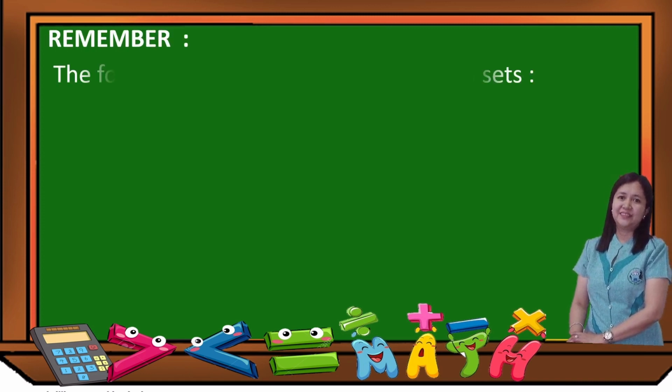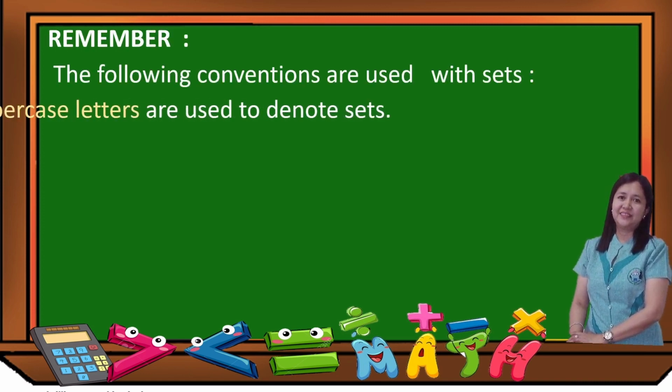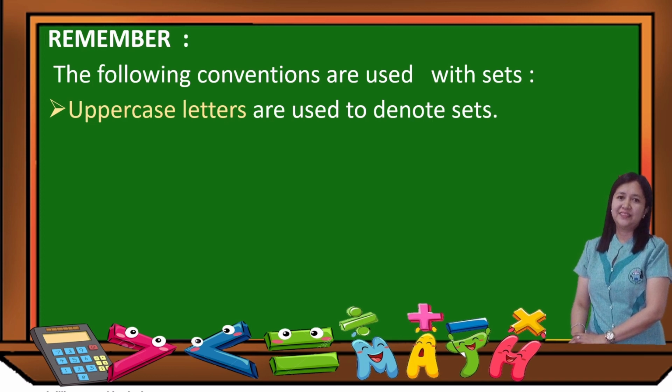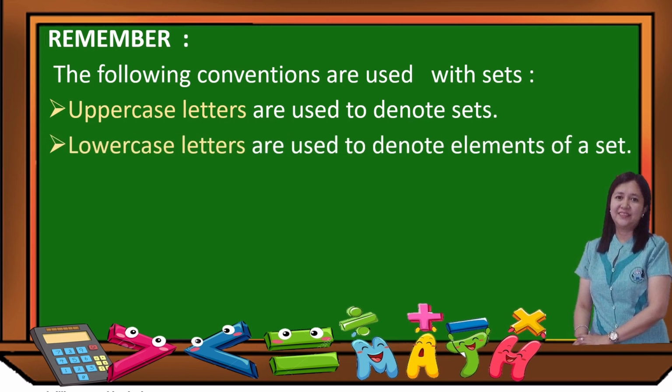Class, always remember the following. Uppercase letters are used to denote sets. So if you have seen in previous examples, we use capital letters. So when we say uppercase letters, these are capital letters. How about lowercase letters?